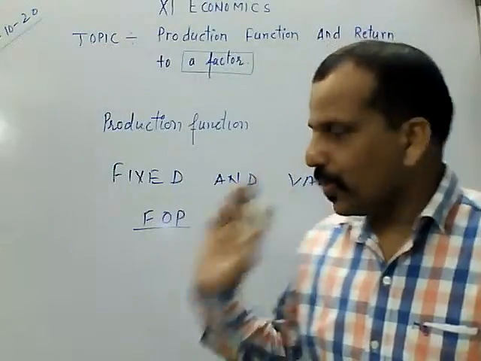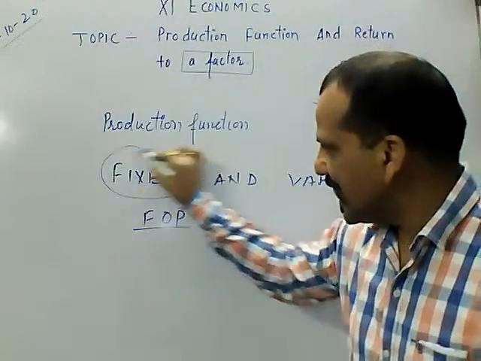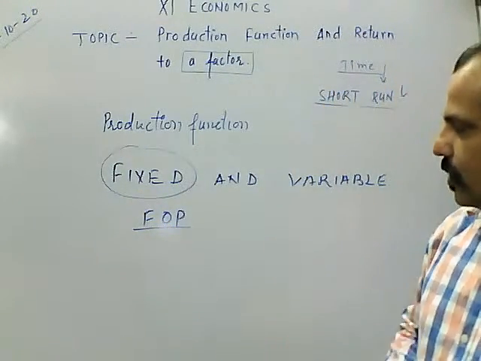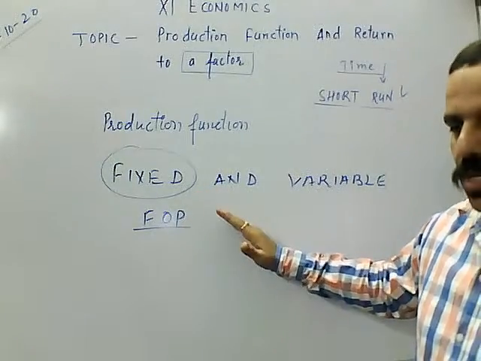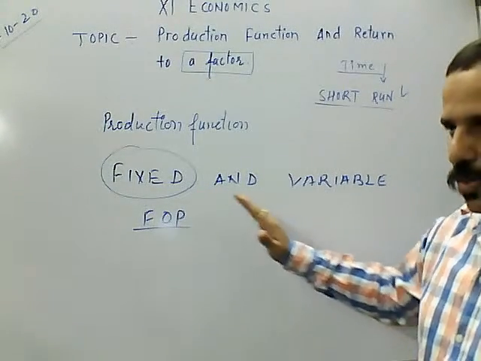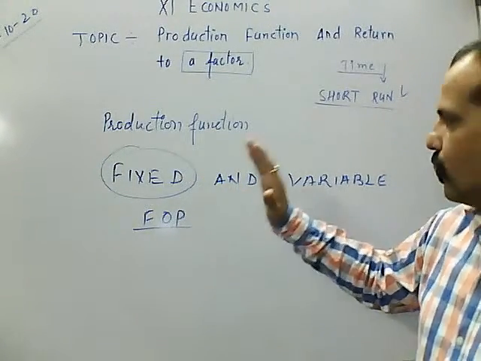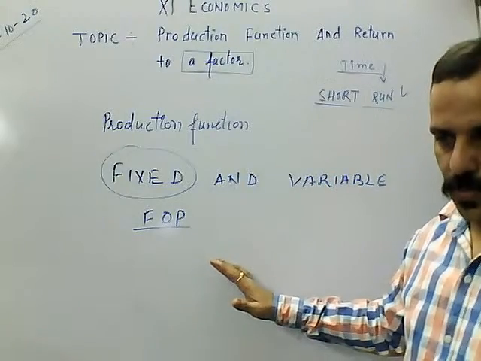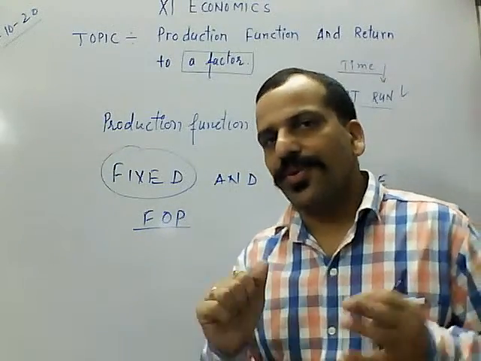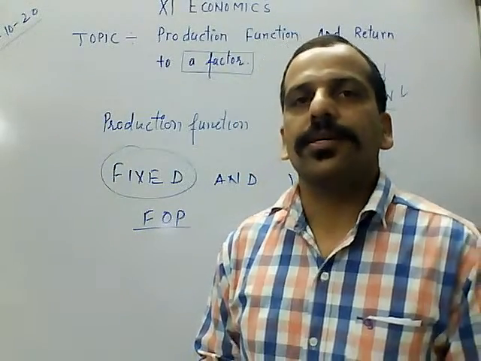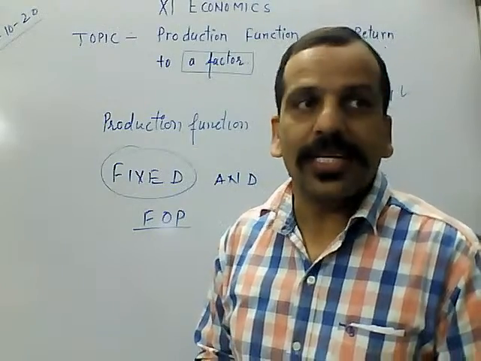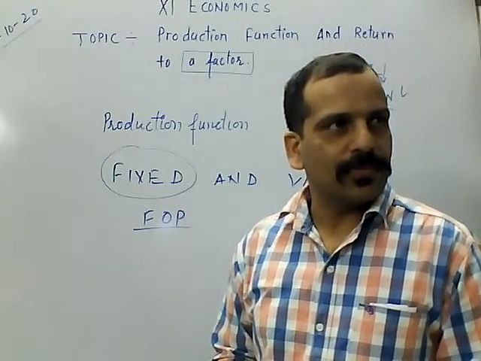So see, the word fixed itself states that those factors of production remain fixed. Those factors of production which remain fixed are called fixed factors of production. Like machinery is a fixed factor of production. You cannot change it overnight. That is not possible and feasible.